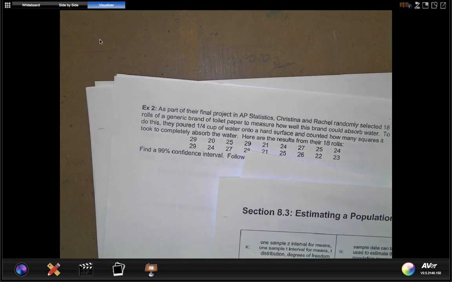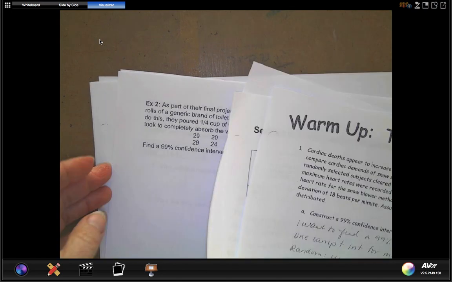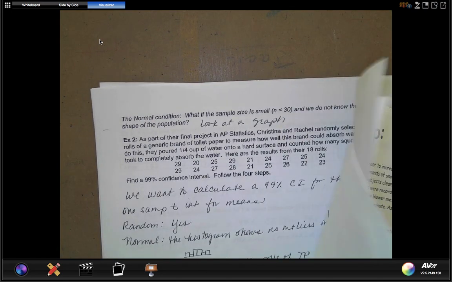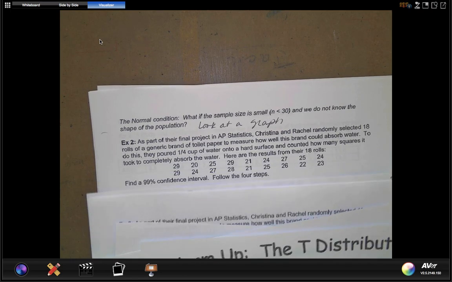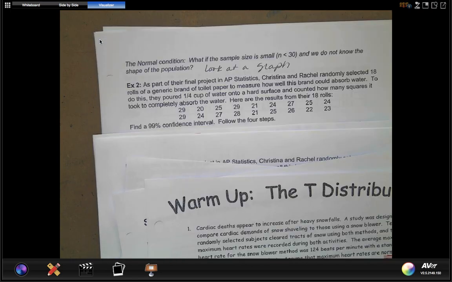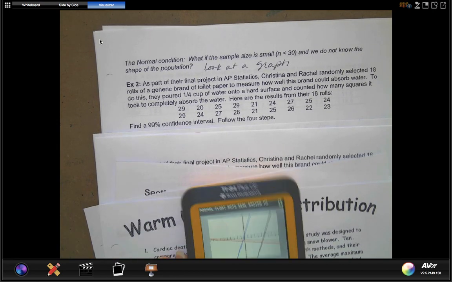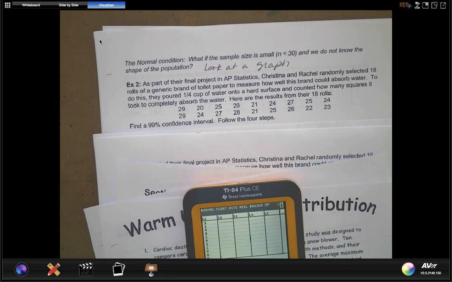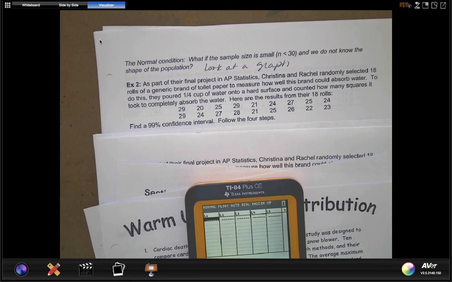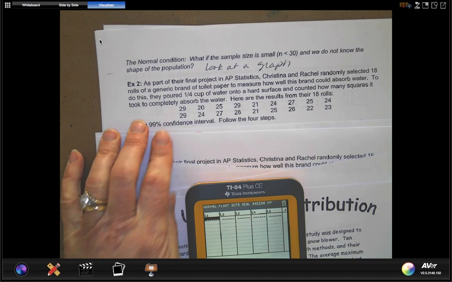All right, so this next one right here. As part of their final project, Christina and Rachel randomly selected 18 rolls of generic brand toilet paper to measure how well the brand could absorb water. They poured a quarter cup of water onto a hard surface and counted how many squares it took to completely absorb the water.